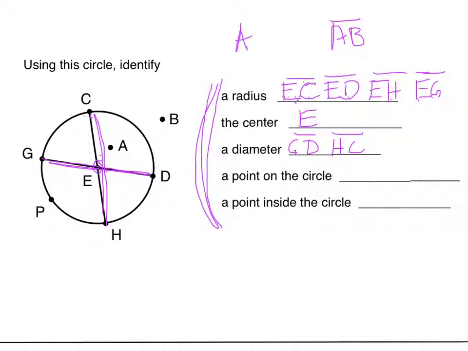A point on the circle, you should write one letter, and you can put either D, C, G, P, or H. Any one of those letters is the correct answer. A point inside the circle, you have two choices for that. You can either put letter A or letter E. Just one letter, though. You don't put any segment sign.